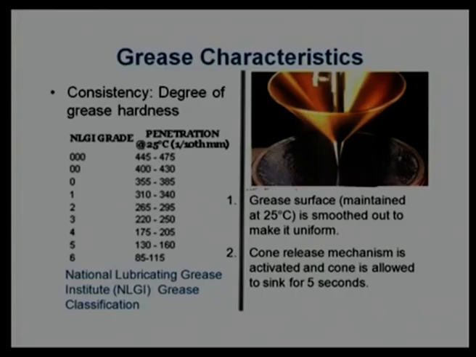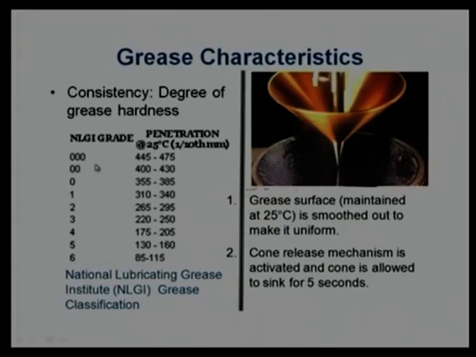It is a free fall of this cone, of course a guided one, particularly in the vertical direction. Within 5 seconds, whatever depth of the cone is achieved within the grease informs us whether the grease is consistent or not, or how much plastic deformation this grease can sustain.